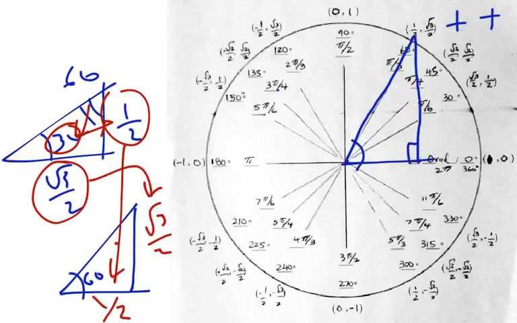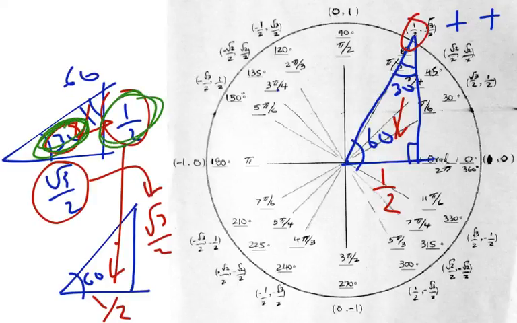We said that if this is 60 and this is 30, then the bottom part, look over here on my ordered pair, opposite to the 30 is 1/2. Look from the previous triangle, opposite to the 30 is 1/2. That's never going to change.